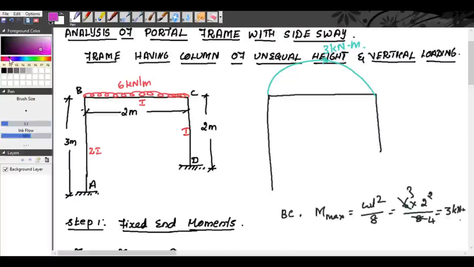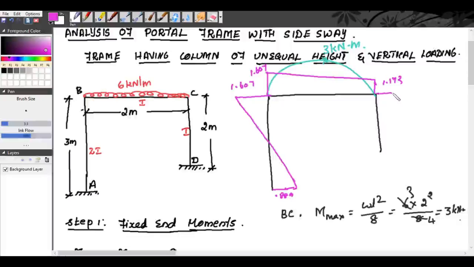Now we will draw the final end moment diagram. Here it is pointing towards the right, the value is 0.889. Here it is pointing towards the left, 1.607. Here it is upwards, 1.607. Here also upwards, 1.173.